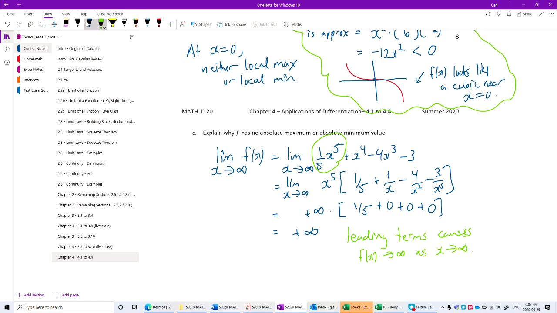And similarly, as you go to negative infinity, it's going to be the same thing as the limit as x goes to negative infinity of x to the 5th times 1/5 times 1 over x.